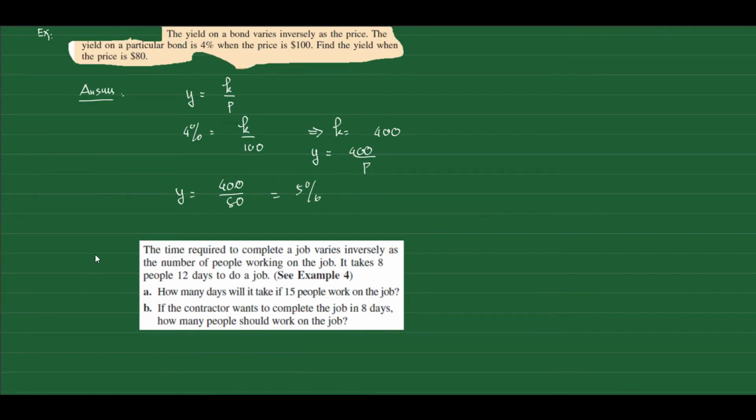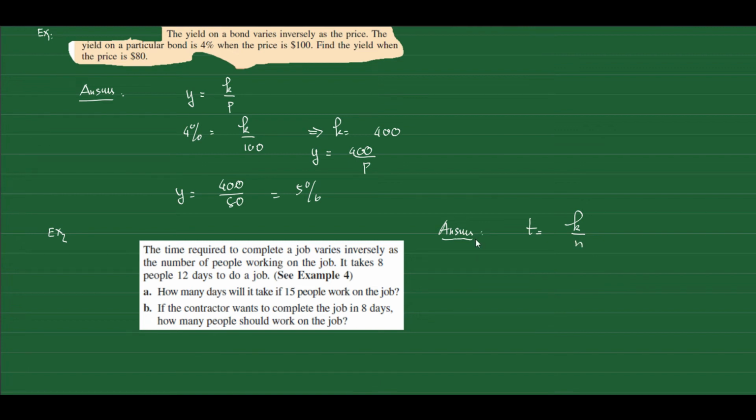Alright, what if I have this problem? Example 2. The time required to complete a job varies inversely as the number of people. So time equals k over the number of people.